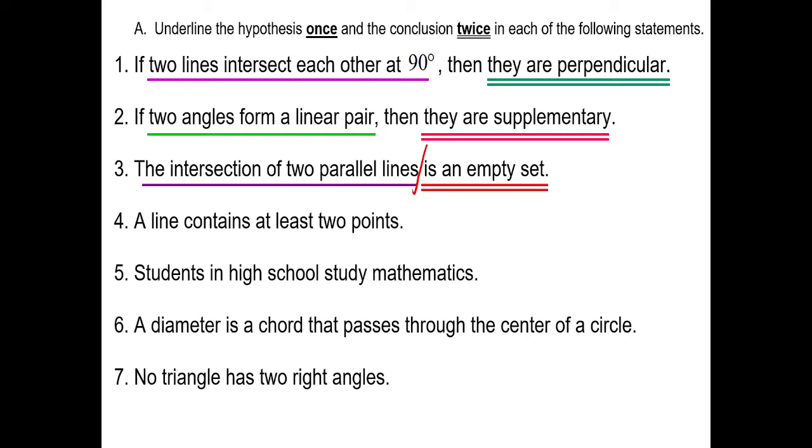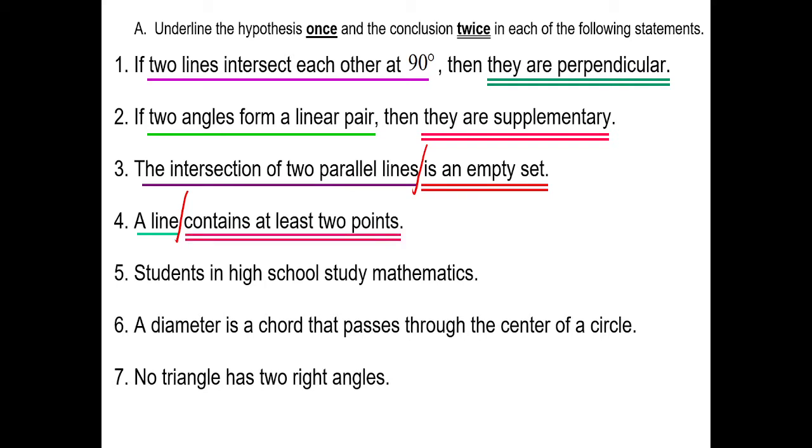What is the verb? Contain. So, meaning, natunga na dinha. So, unsay subject? Align. Mao na to ang hypothesis. Nya, sugod sa verb nga contains at least 2 point. Very good. Mao na conclusion nato.